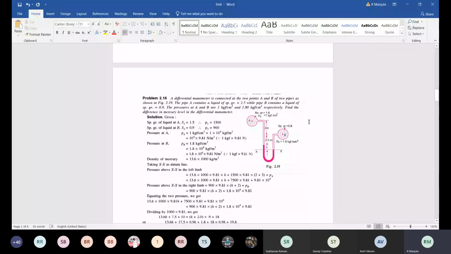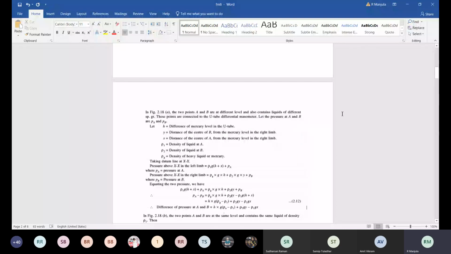At least one value should be known, X or Y. Then only you will be able to do it.